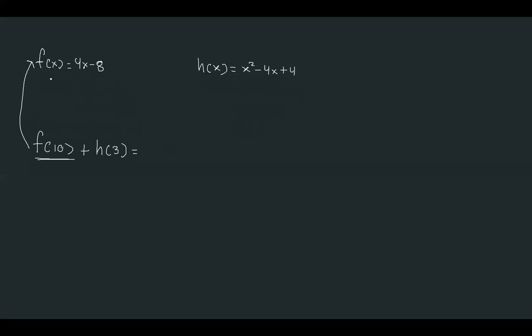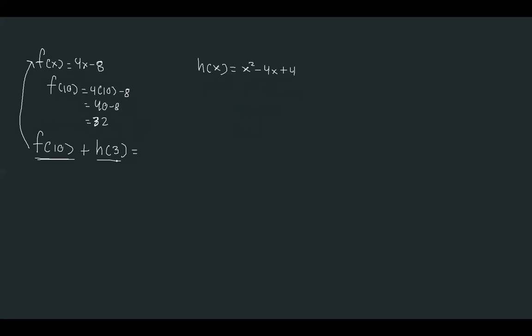So f of 10 is equal to, substituting 10 for the x, 4 times 10 minus 8. So this would be 40 minus 8. So we're going to have 32 as your answer or output for f of 10, all right?